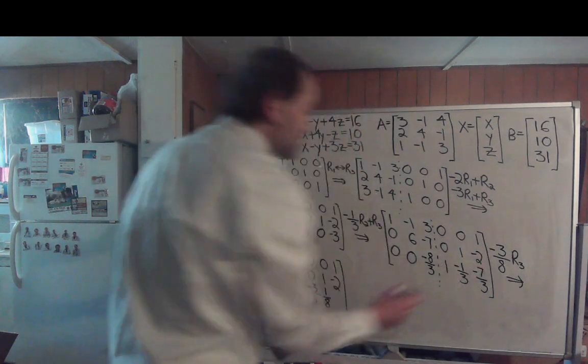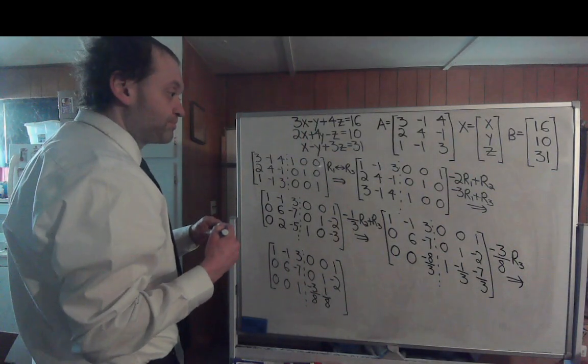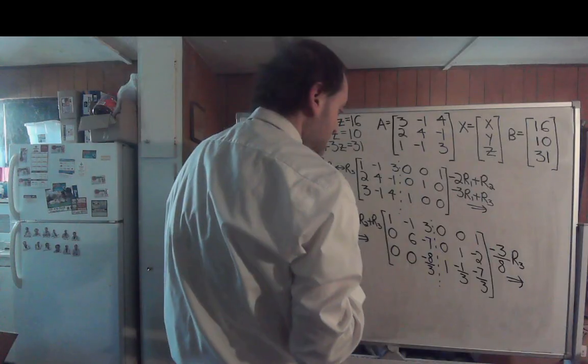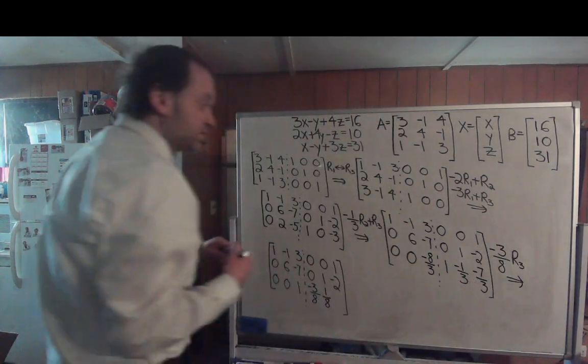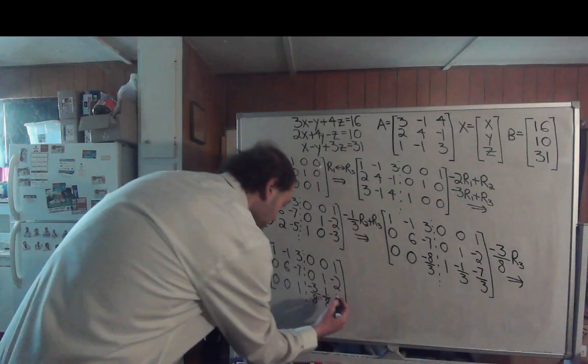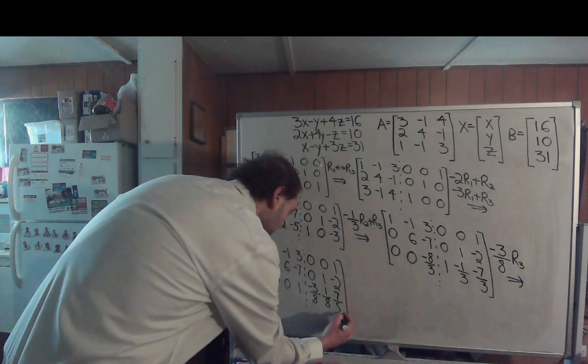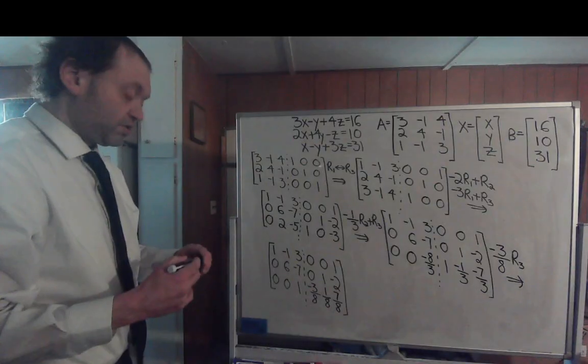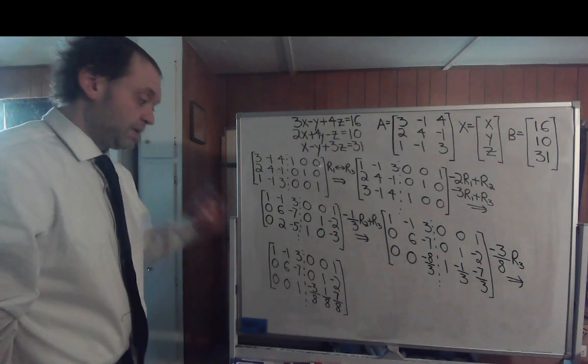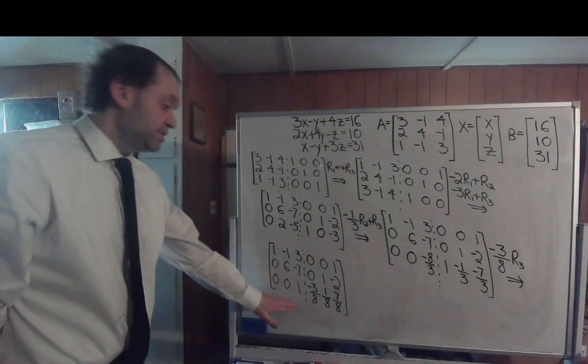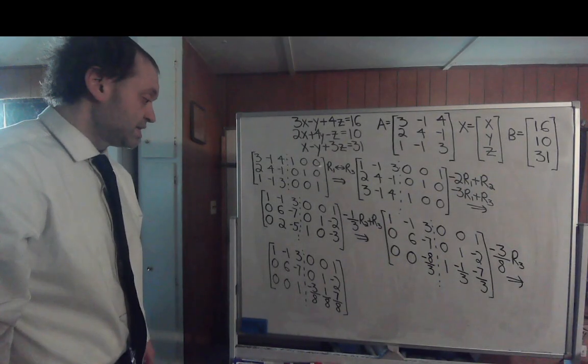Negative 3/8 times negative 7/3 would end up being positive 7/8. So great, we've just reduced row 3 how we need to. Row 3 is fully reduced. We need to do nothing else with it.